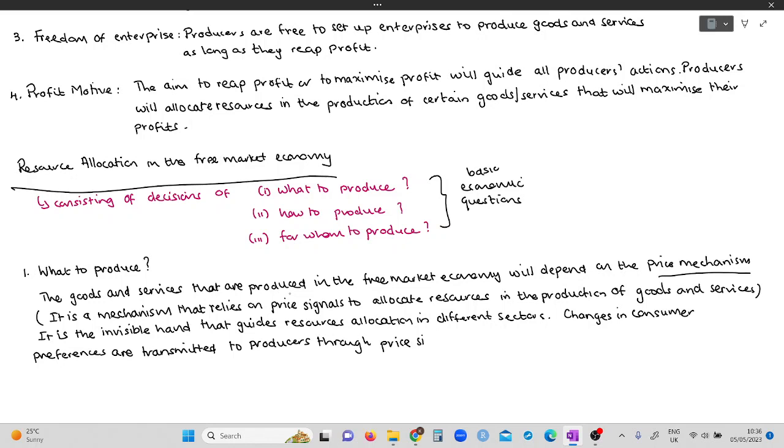I will give you an example. Du coup, pour mieux comprendre comment les producers allocate the resources. D'accord? Donc, c'est ça, au fait, what to produce. À ce moment, je donne un exemple. I think you will better understand it.